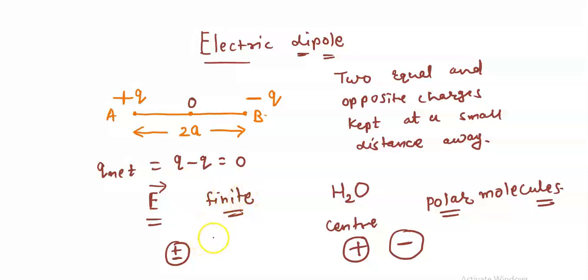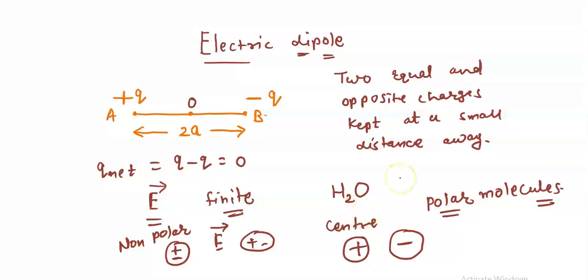But when we keep them in an external electric field, then they become a dipole. These are basically non-polar molecules. But the best example is this water molecule, because it is a polar molecule. The centers of positive and negative charges shift a bit, and because of that they act as an electric dipole.